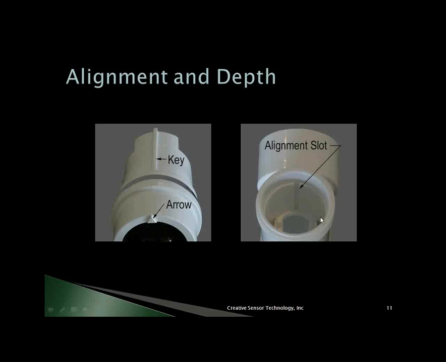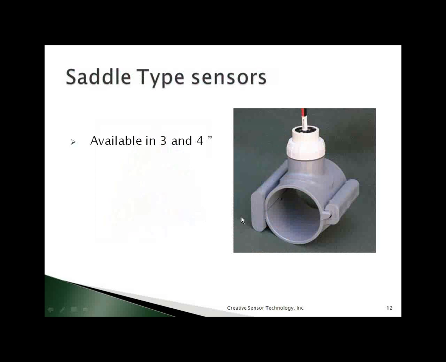This shelf at the bottom of the insert chamber means that you can't put this thing any deeper than this, so that we always guarantee the correct alignment and the correct depth.